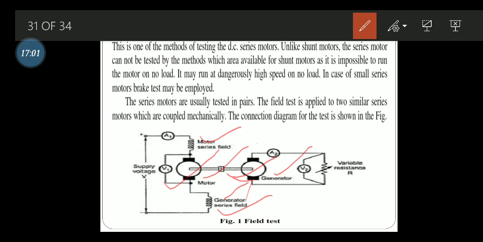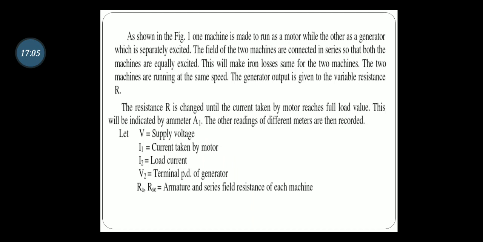Now what method is to be followed? Here one machine is made to run as a motor while the other runs as a generator, which is separately excited. The fields of the two machines are connected in series so that both machines are equally excited.